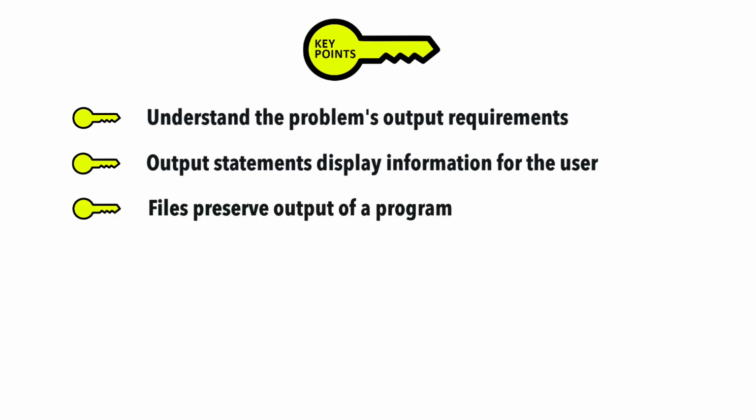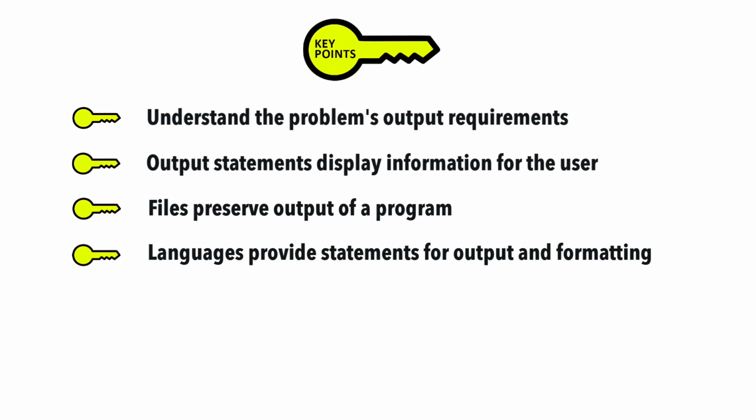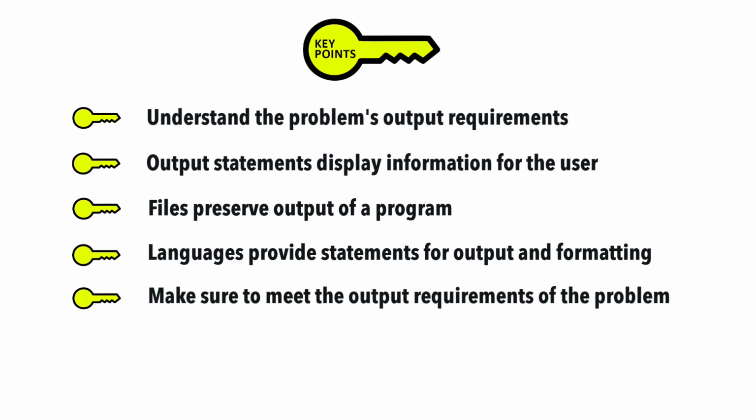Files provide a permanent and portable way to preserve the output of a program. Program languages provide a variety of statements to format and display output to a variety of devices. And finally, make sure your output fulfills the requirements and expectations of the problem you are solving, both in terms of the data your program generates and the format of the data it outputs.